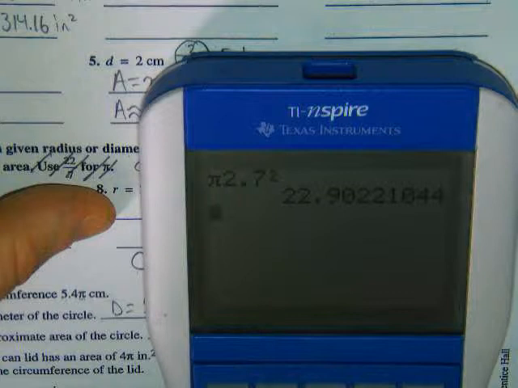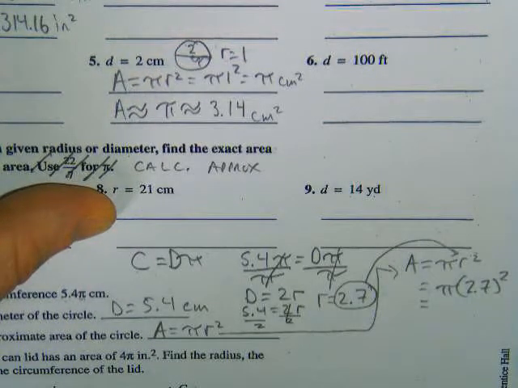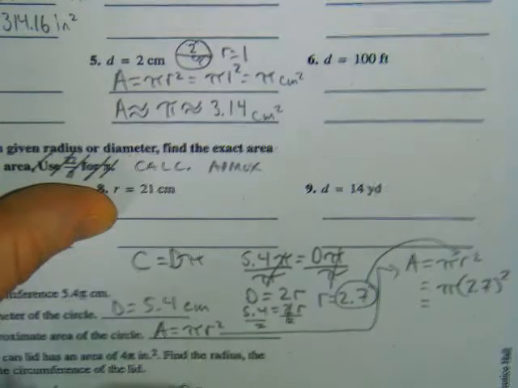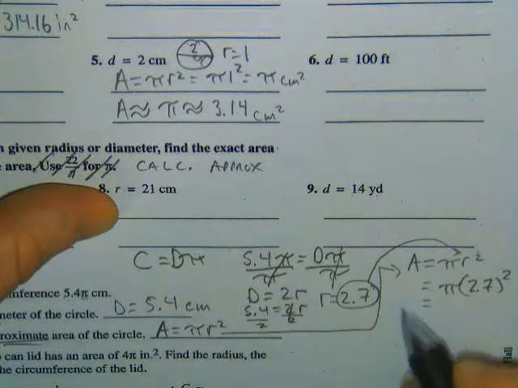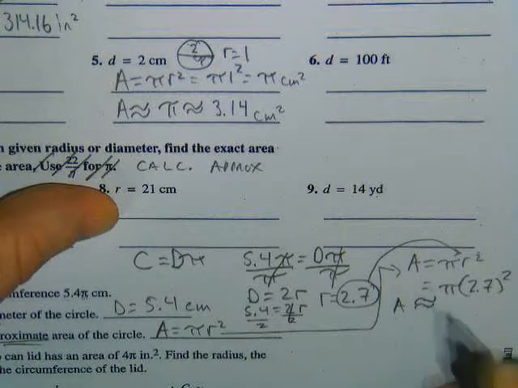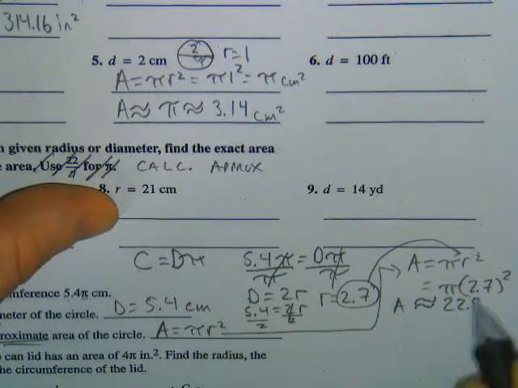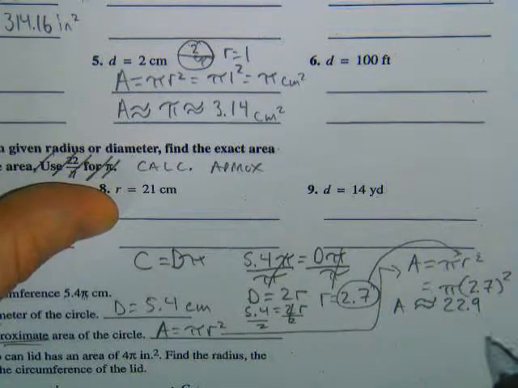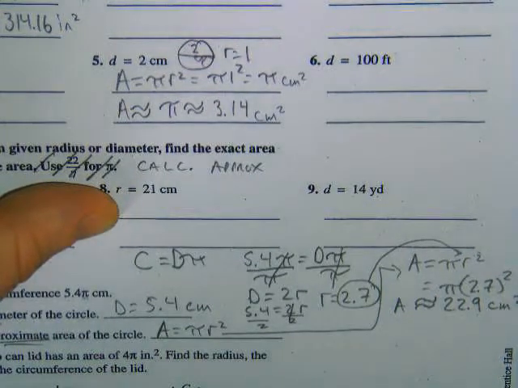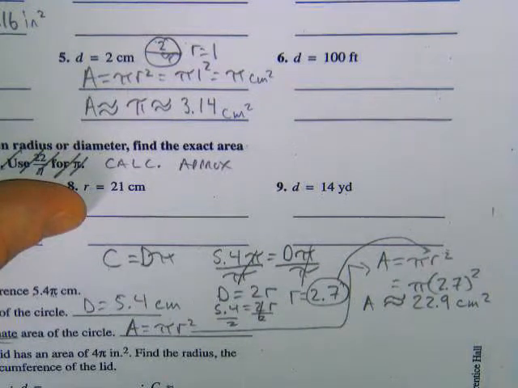Okay. 22.90. Approximate area. Area is, let's change those to approximate. 22.9. What do we got? Centimeters. Okay, final answer.